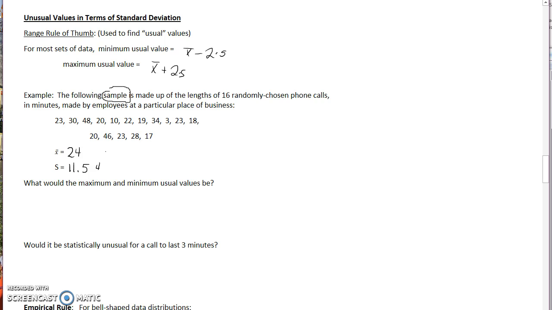Now it asks what the maximum and minimum usual values would be. So I like to do the small one first. The minimum, again, we're going to use these formulas up here. It's going to be 24 minus 2 times 11.54. And I can take care of that over here.